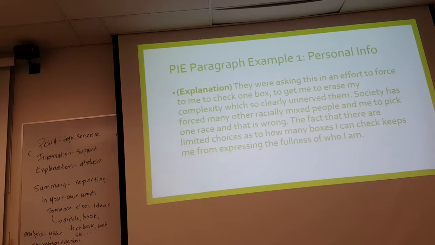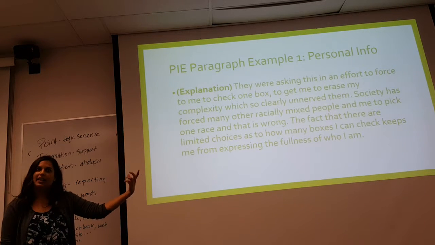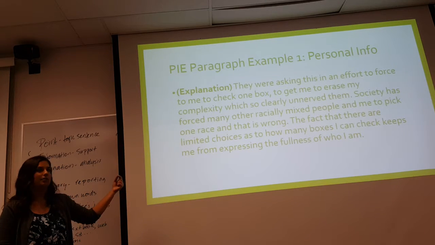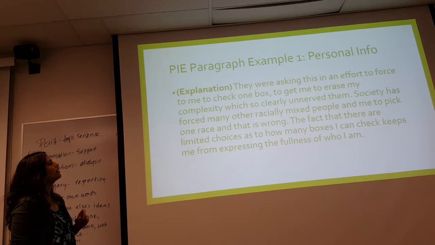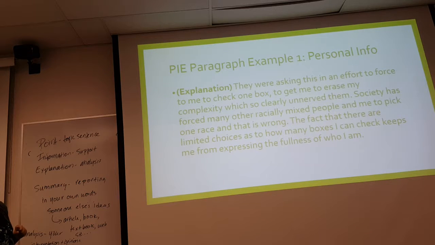Okay, so now on to the explanation. If you notice, she moves out of storytelling mode and into interpreting what was going on during the events of that story. "They were asking this in an effort to force me to check one box, to get me to erase my complexity, which so clearly unnerved them. Society has forced many other racially mixed people and me to pick one race, and that is wrong.